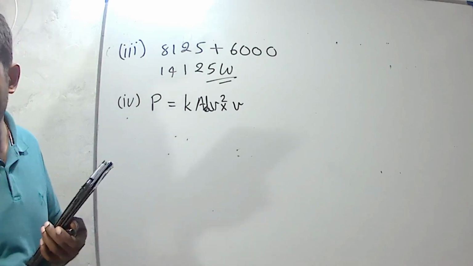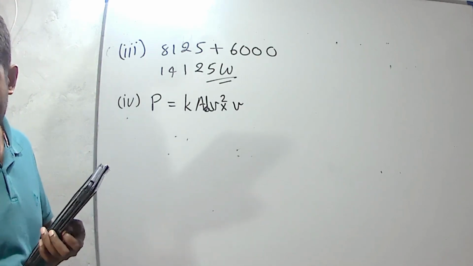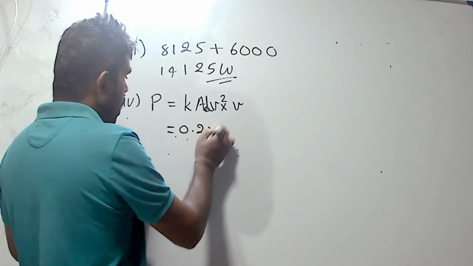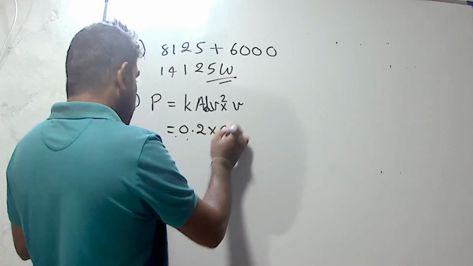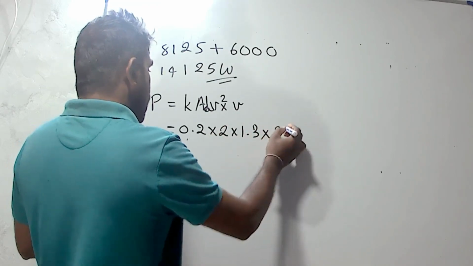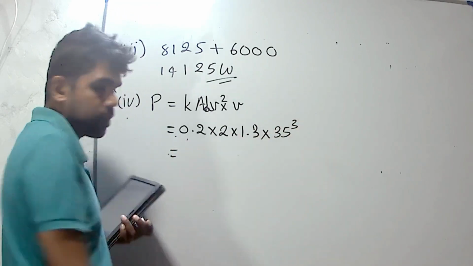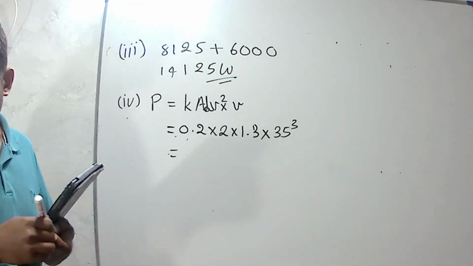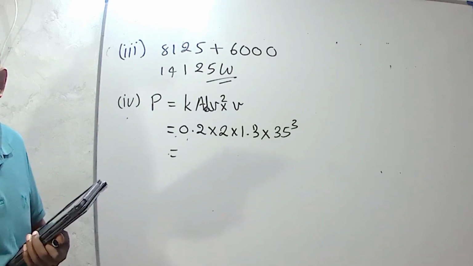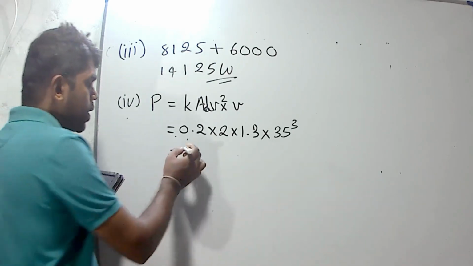It is the power against the drag force. K value 0.2, A 2, d value 1.3. Velocity now 35 to the power 3. We can simplify it and obtain 22,295 watts.